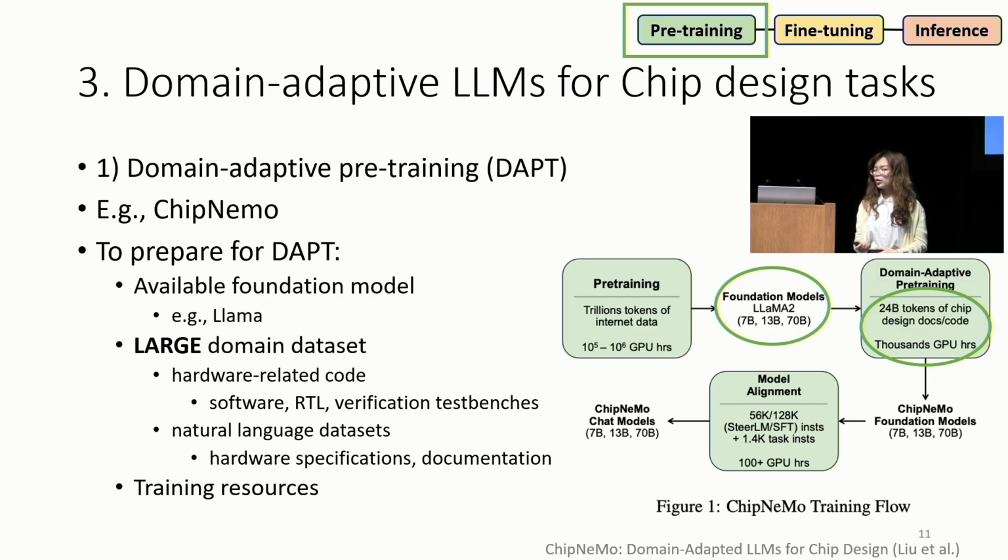With the foundation model and domain datasets, another important thing is the training resource. Taking ChipNemo as an example, it leveraged the Llama 2 foundation model, which provides different versions with different numbers of parameters, and it adopted domain adaptive pre-training on 24 billion tokens of their collected datasets, over thousands of GPU hours, to get their domain pre-trained foundation model.